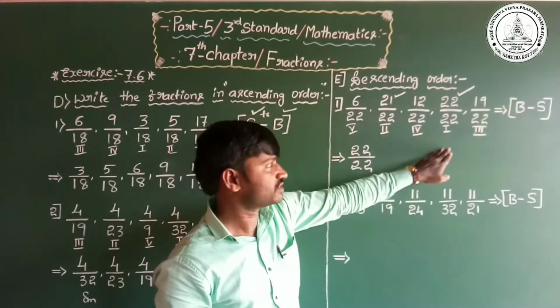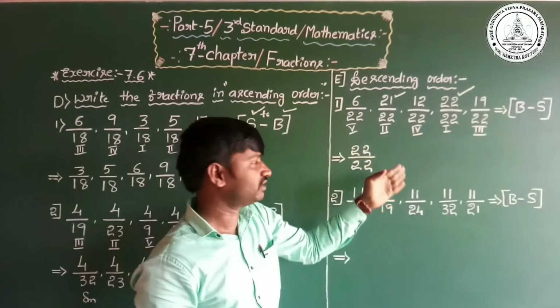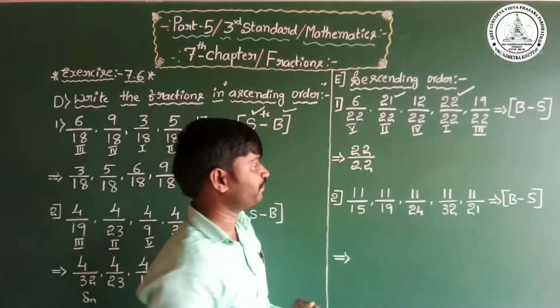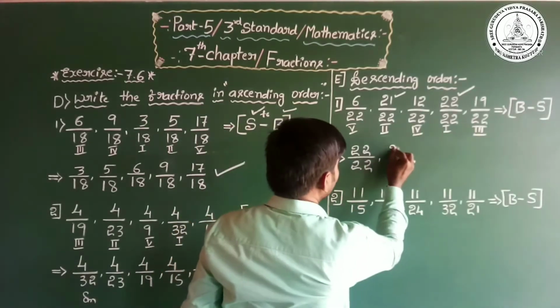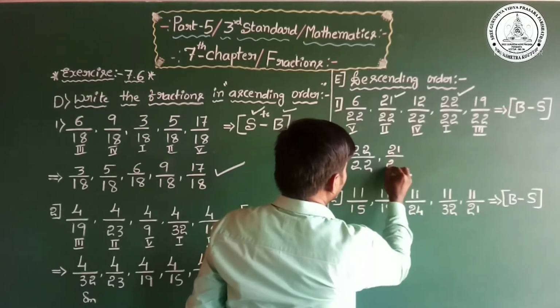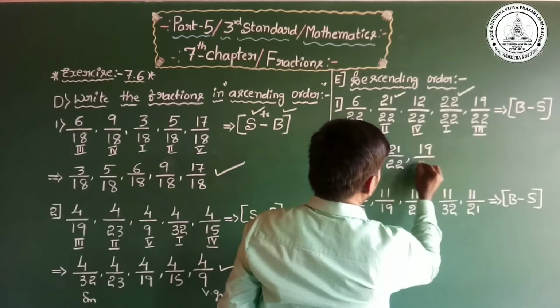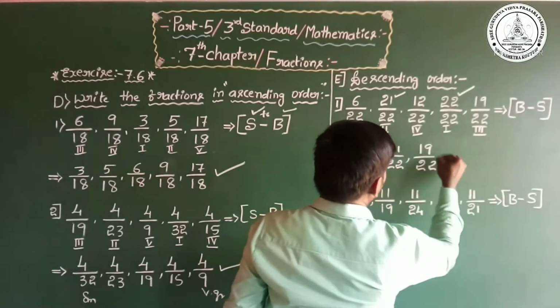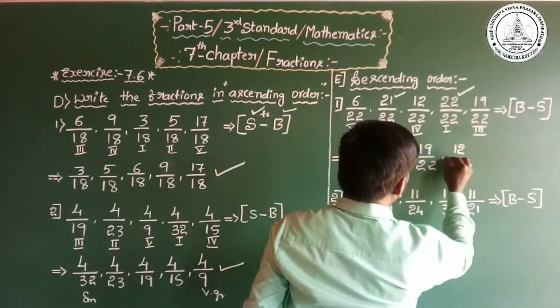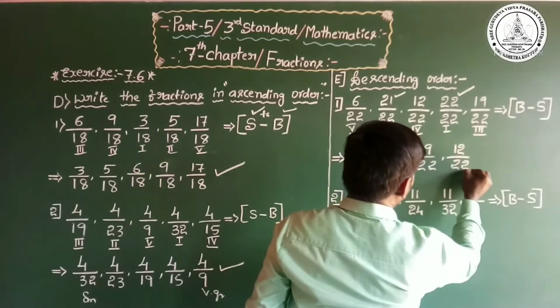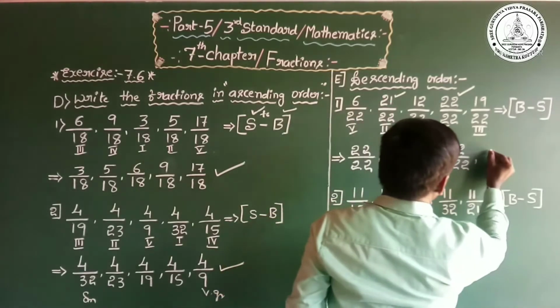Don't get confused. You arrange which fraction is bigger, and take that first. The second one is 21 by 22. Next 19 by 22. The next 12 by 22. The next 6 by 22.